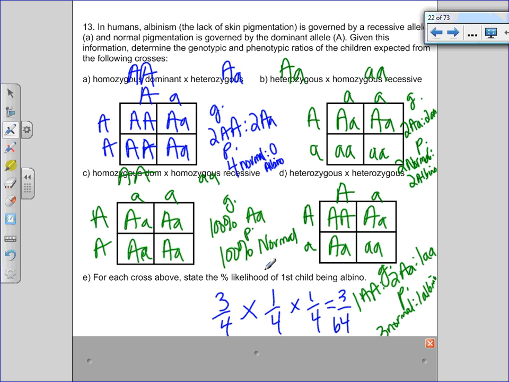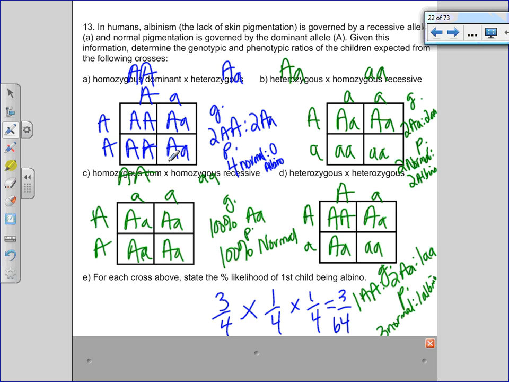Okay, so you go back and you look at the results. In A, are there any of them that show the albino trait? Any of the offspring in the Punnett square? So you look at your phenotypic ratios, none of them show the albino trait, so you'd say the percent likelihood would be 0.